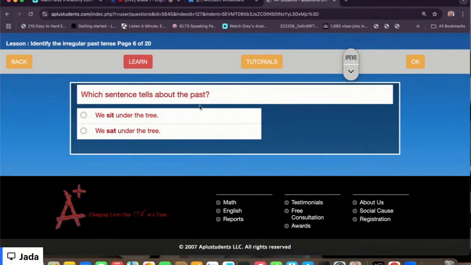So, which sentence tells about the past? We sit under the tree or we sat under the tree. Which of them tells about the past?